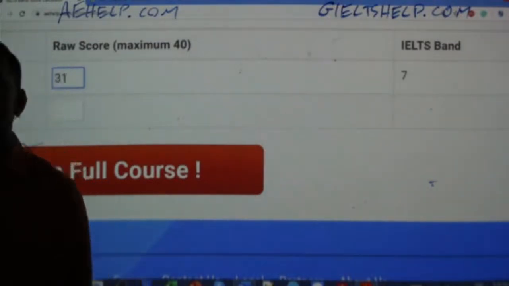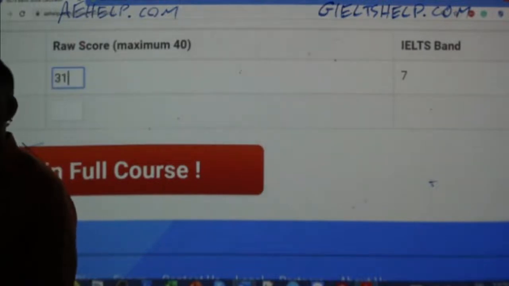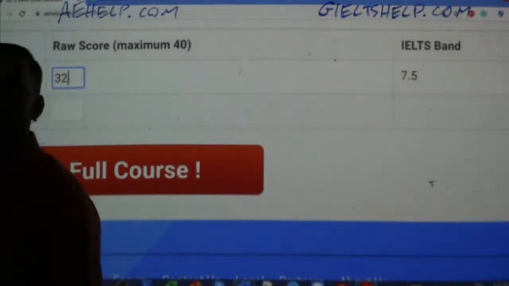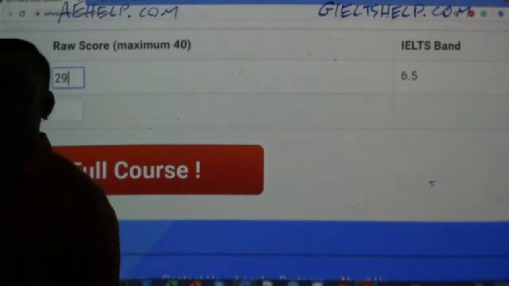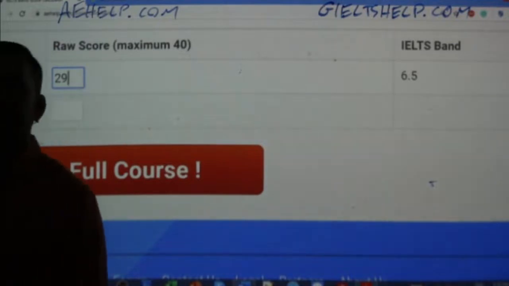Okay, 31 is a band 7. Preet, 32, 7.5. Okay. Navjeet, 29, 6.5. So 7 is a very narrow field.